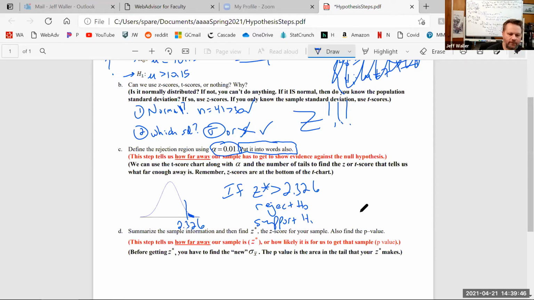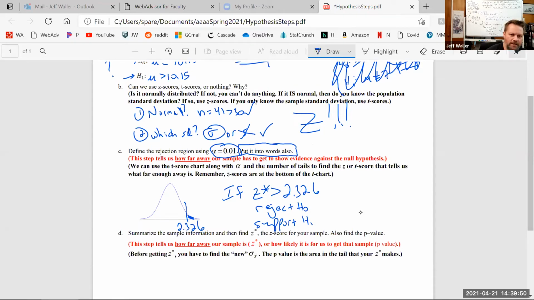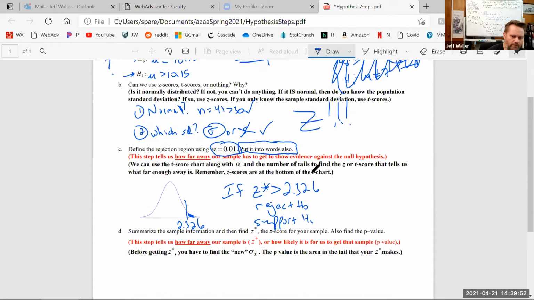So again, I really want you to get this. If the 10.15 really is the mean, then any sample I take should show up close to that, right? Does that make sense? If I take a random sample and the actual mean is 10.15, then I should get a sample mean that's close to 10.15.